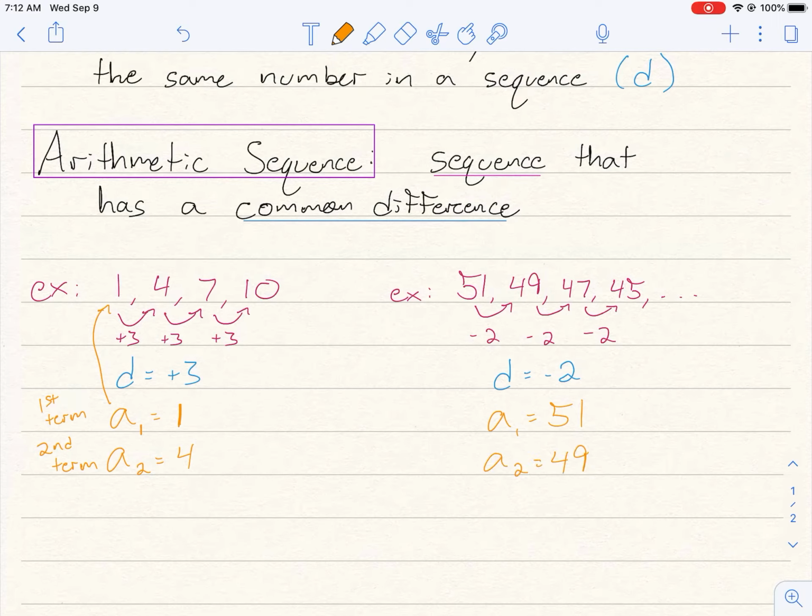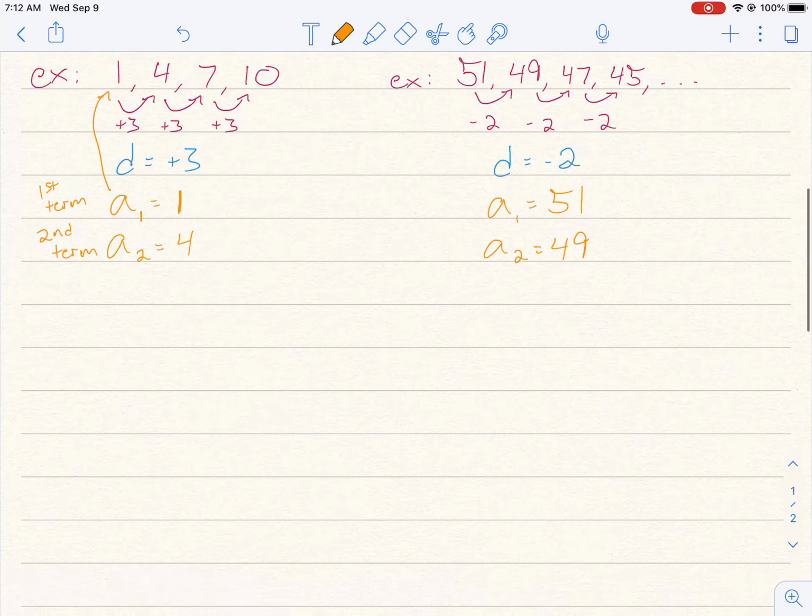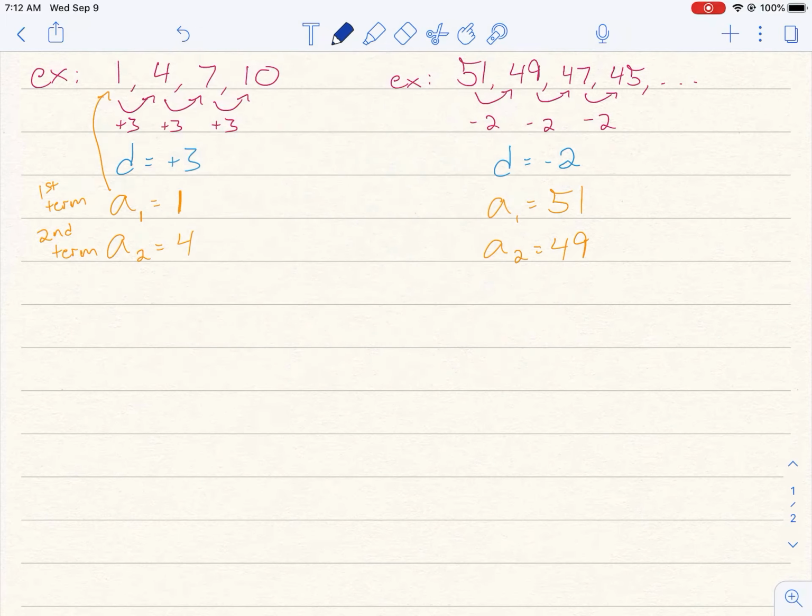Now, why are we defining these things? What's the point and purpose of this? The point is to get to the explicit formula.